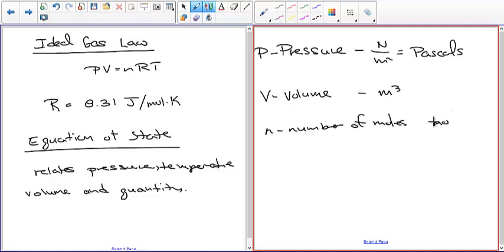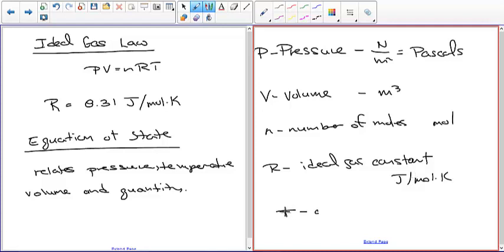So that's moles. R is called the ideal gas constant. That has units of joules per mole Kelvin. And T is absolute temperature, and that's in Kelvin.